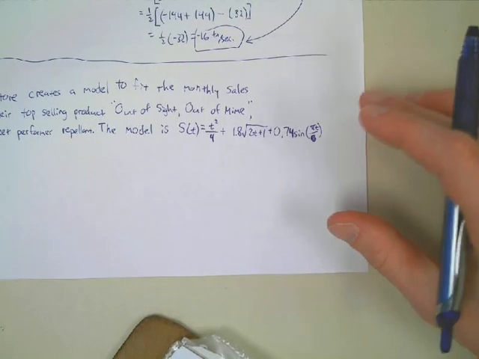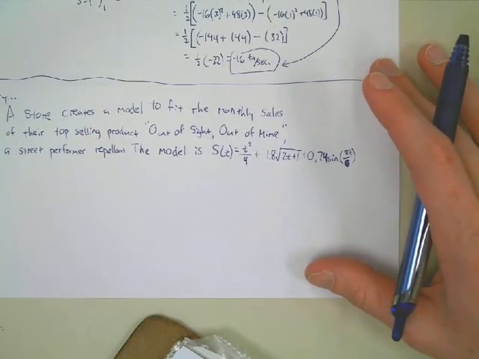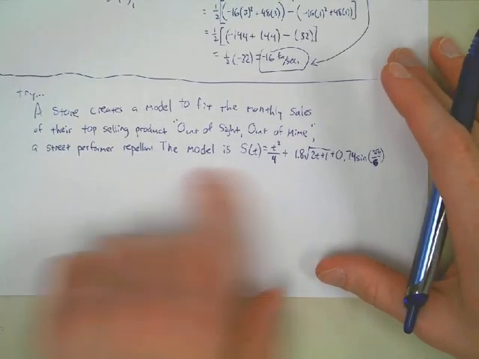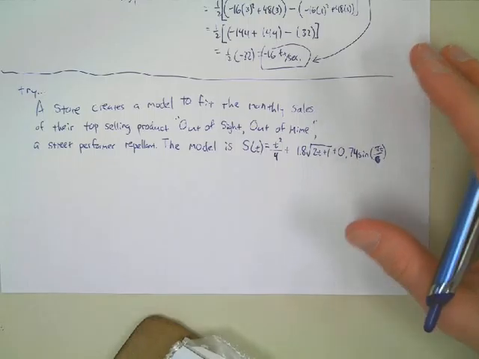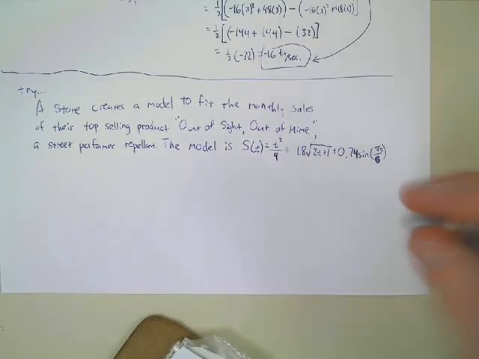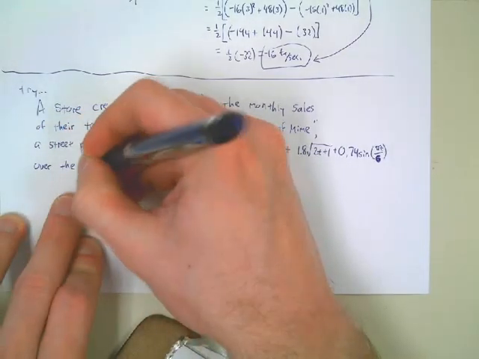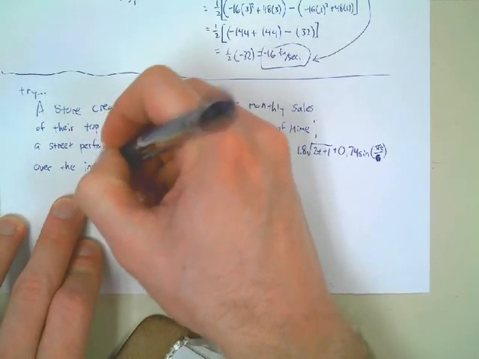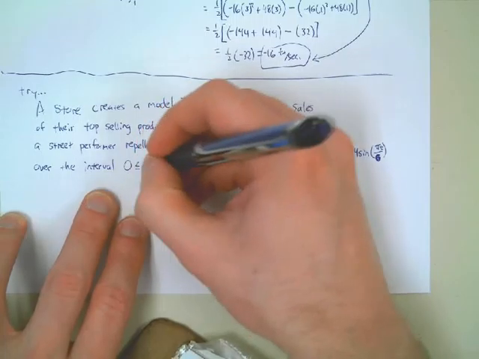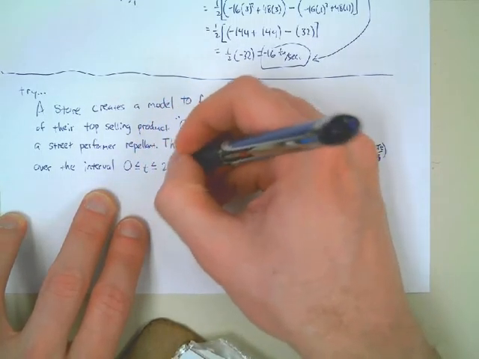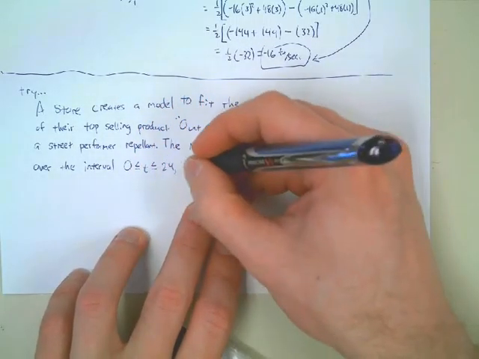Anyway, let's get back on track here. So we have this model for the monthly sales of this top-selling product, over the interval 0 ≤ t ≤ 24. S is the sales in thousands.